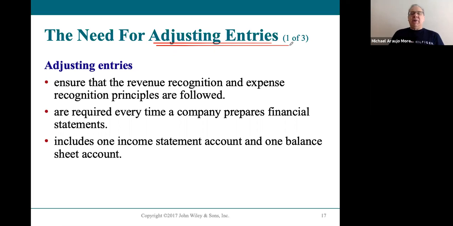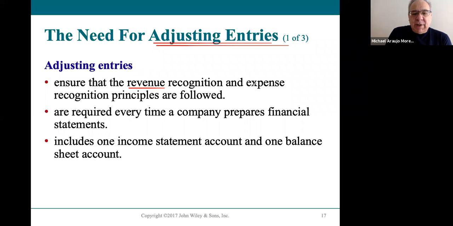We do a series of adjustment entries that you'll be learning about later in this chapter that allow corporations to make sure all the revenue is accounted for and all the expenses are accounted for before they say, hey, this is our profit for the year. Right. And so basically, that's what the adjusting entry process is about.